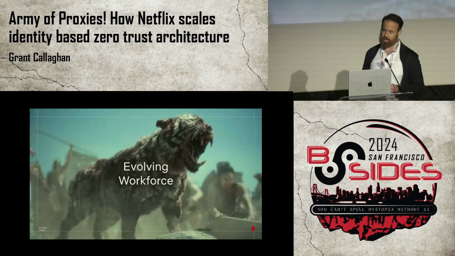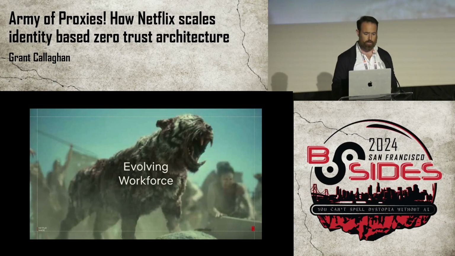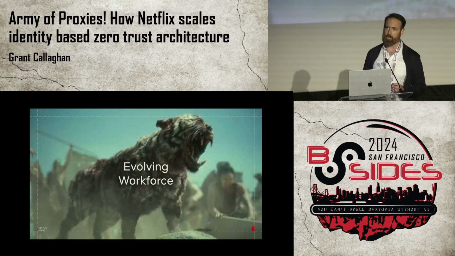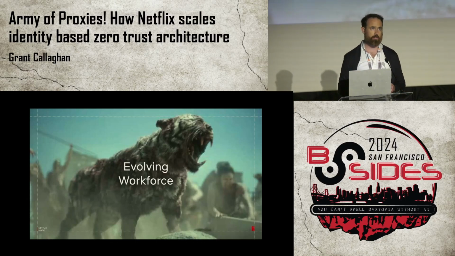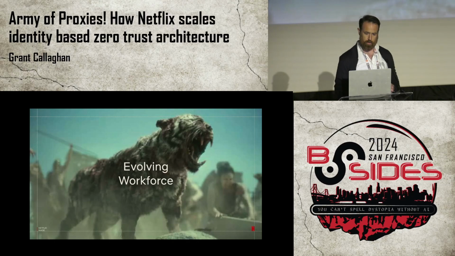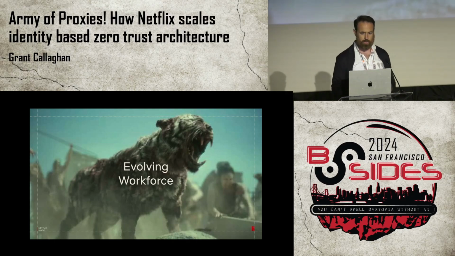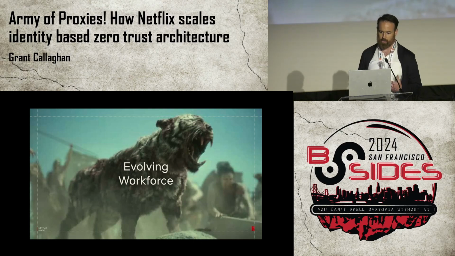Each one of these audiences has a very different job function, very different job duration, but they all share the need to access a subset of protected corporate resources. So that traditional flat network lacking segmentation and authorization is no longer appropriate for the accelerating business needs and changing risk landscape.